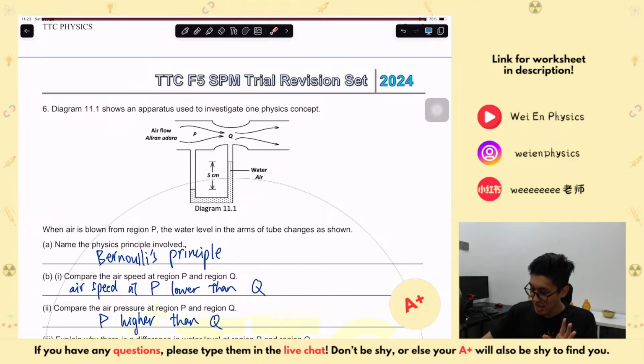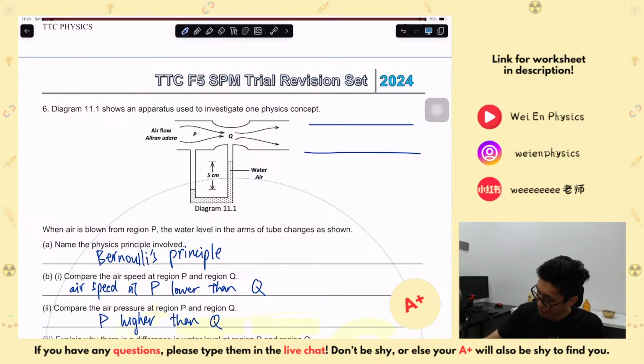This side will now be lower. Even though you think the air pressure is the same everywhere, it won't be. The air always goes from high pressure to low pressure.